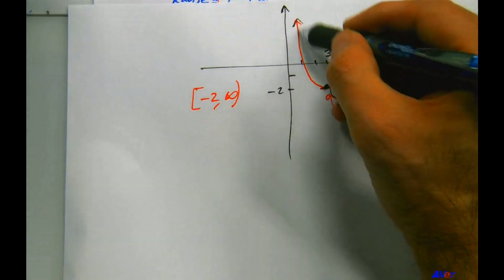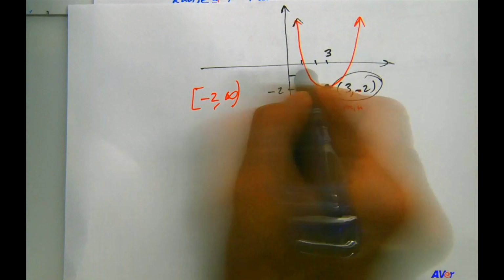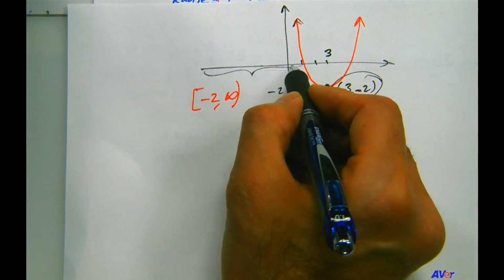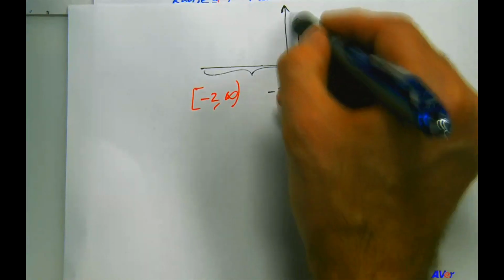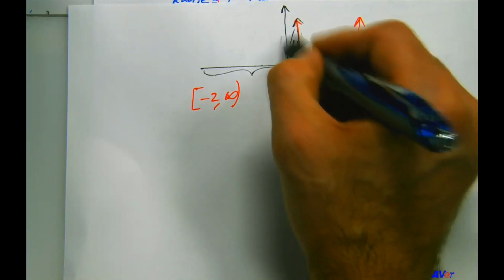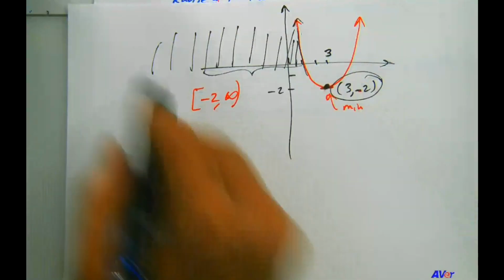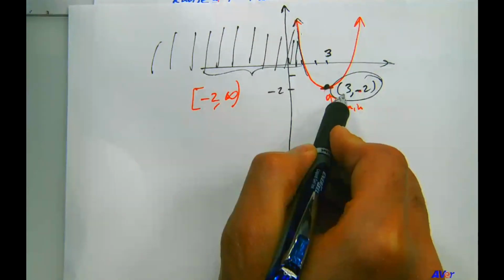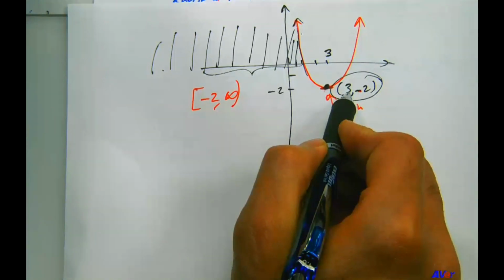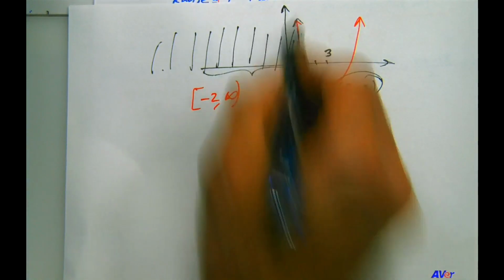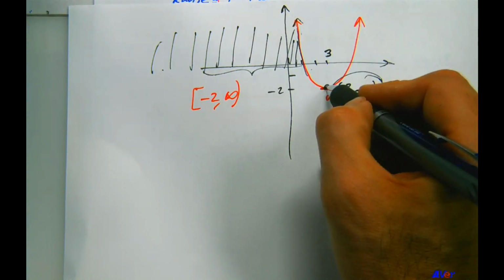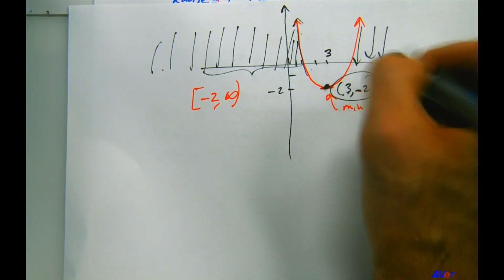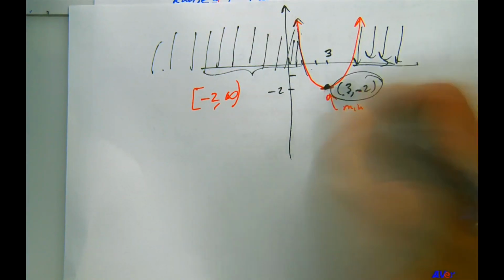It's decreasing from negative infinity along the x-axis, because if you continue this line, look at the behavior of it with respect to the x-axis. It keeps going this way, right? So it's coming from negative infinity all the way to 3. From negative infinity to 3 along the x-axis, it is decreasing. And then from 3 on the x-axis, all the way to positive infinity, this way, it is increasing.